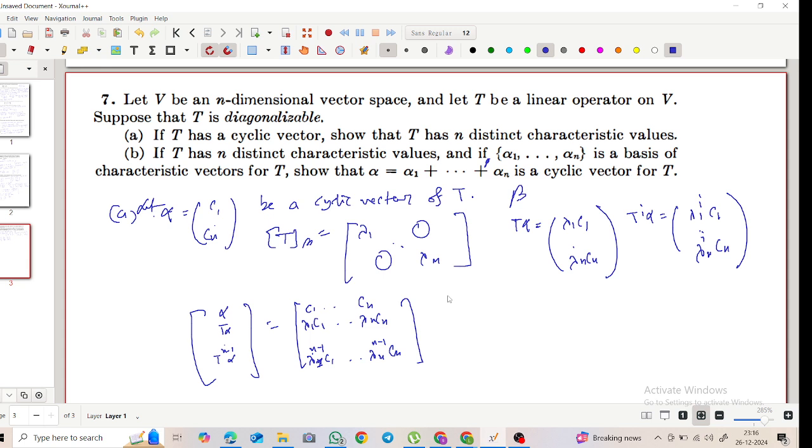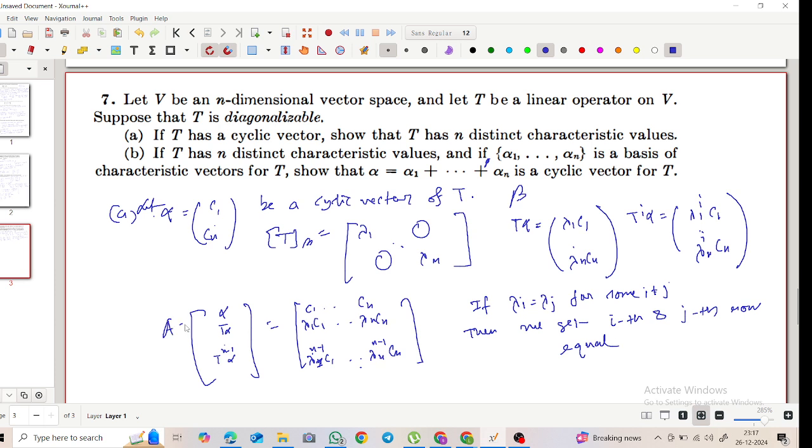Now you see one thing, okay, if lambda i equals lambda j for some i not equal to j, then we get the ith and jth rows of this matrix equal, right?